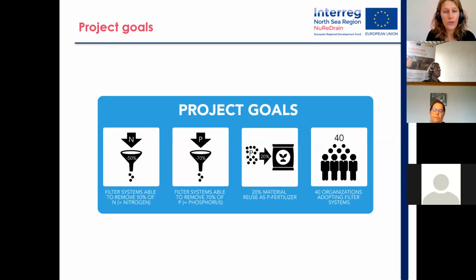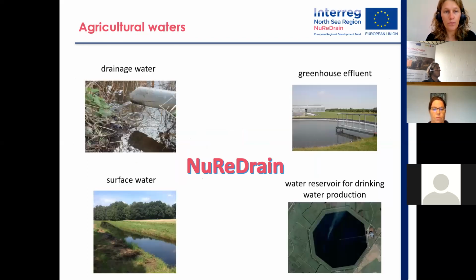We hope to have technologies that in the end can remove 50% of nitrogen, 70% of phosphorus. From the adsorbed saturated phosphorus, we want to be able to reuse minimum 20%. And at the end of the project, we hope that 40 organizations will be adopting our solutions.